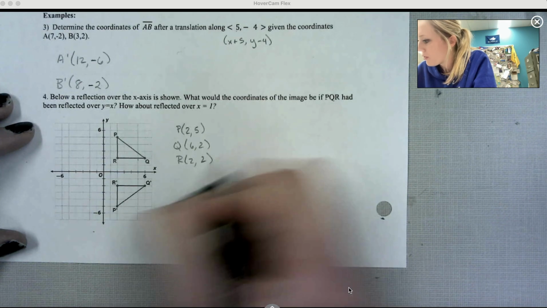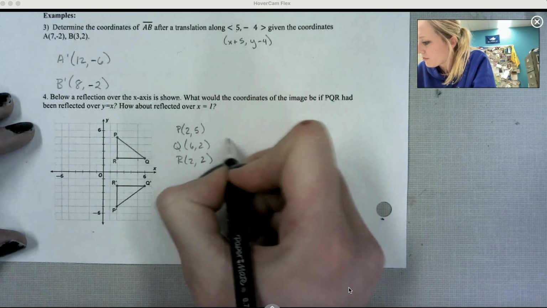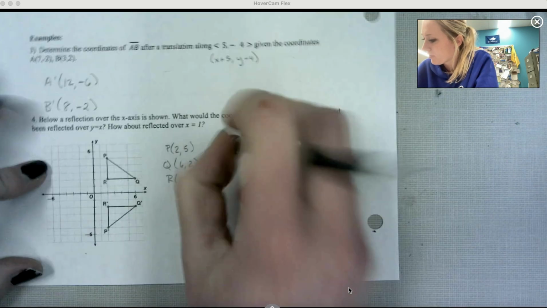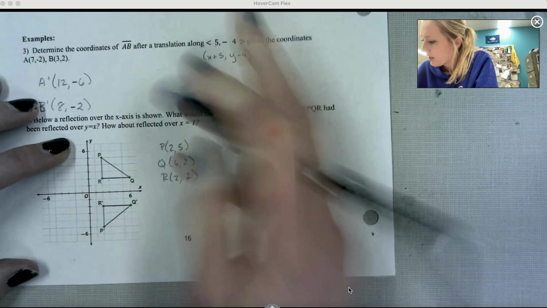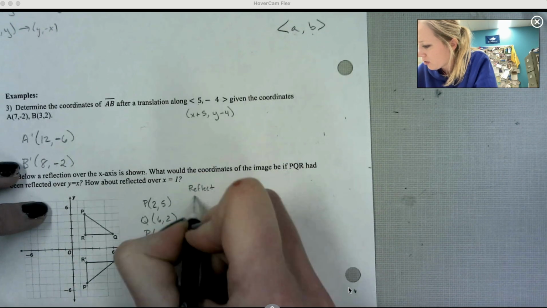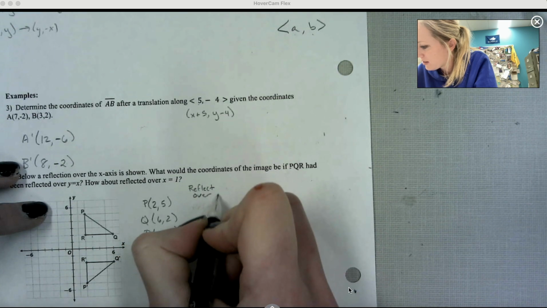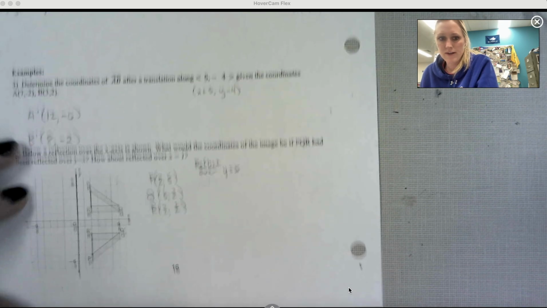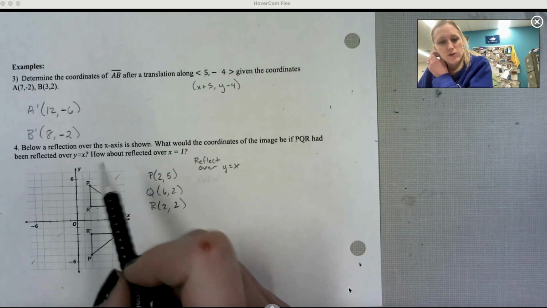So the reflection over y equals x. Let me put this X here. If I were to reflect over y equals x, that line, remember that's kind of this 45-degree angle line, slope of 1, goes through (0, 0).